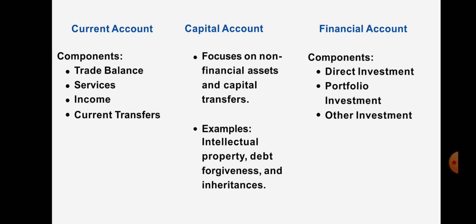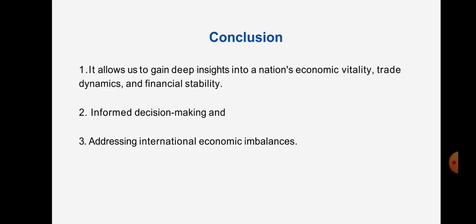And again there are reserve assets, which track changes in a country's official foreign exchange reserves. Mainly it allows us to gain deep insight into a country's economic trade dynamics and financial stability. It informs decision making and helps in addressing international economic imbalance.